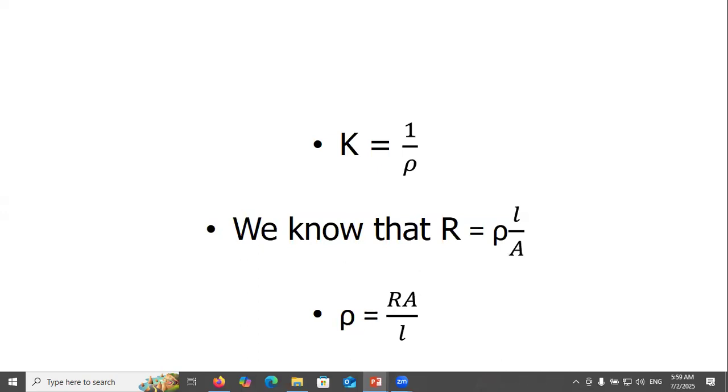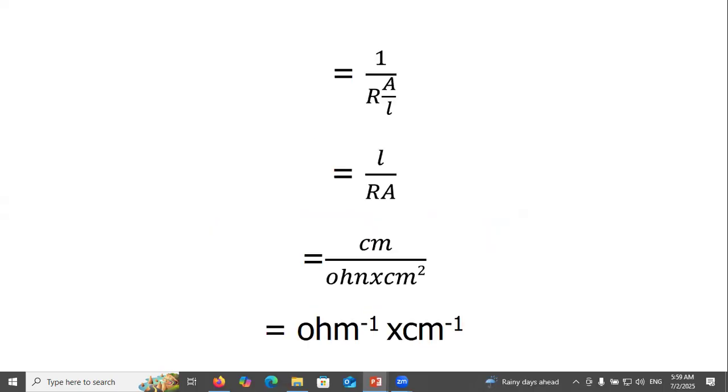So substituting the value of rho, K equals 1 over R A by L. Again solving, K equals L over R A.